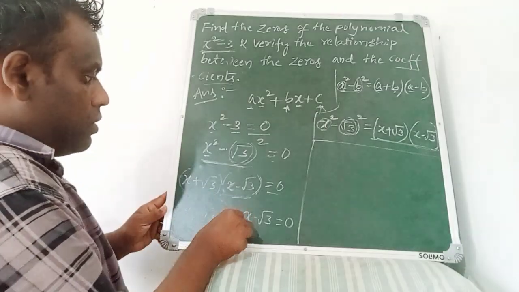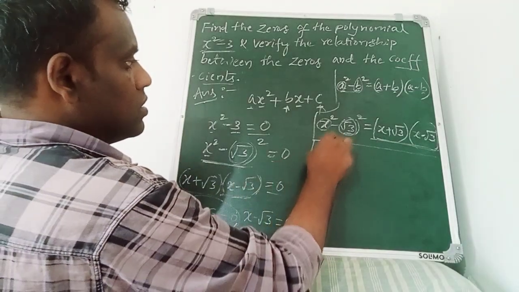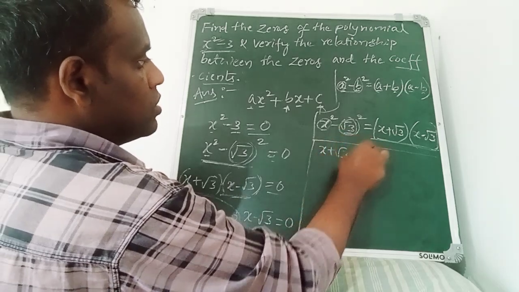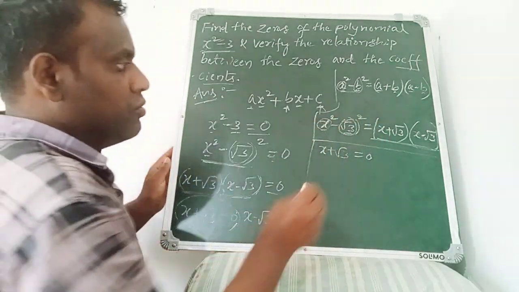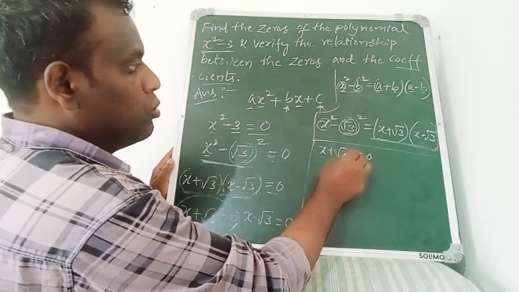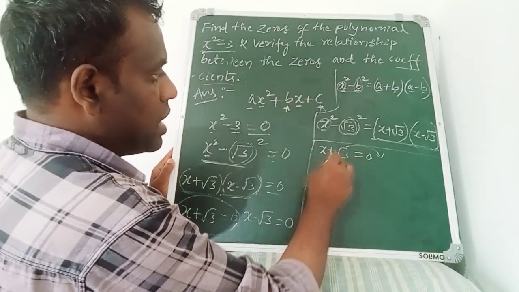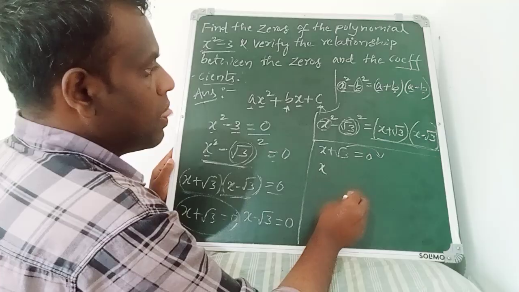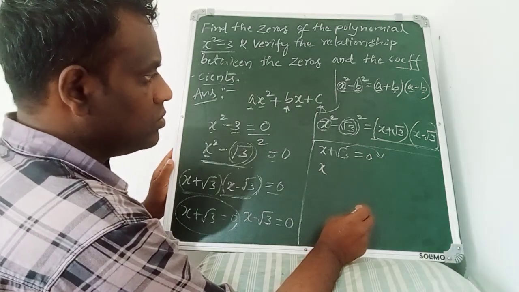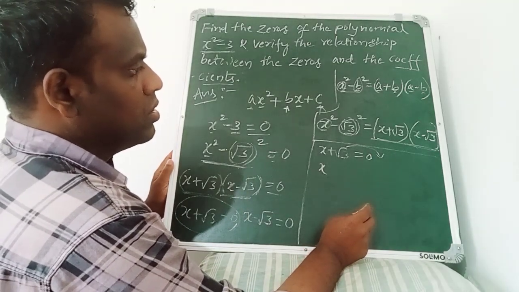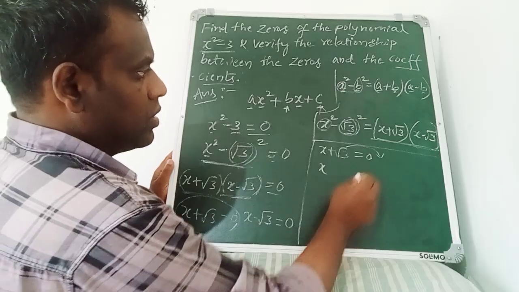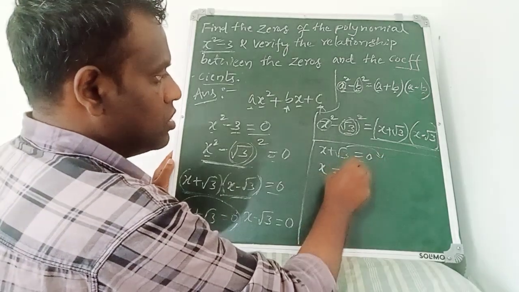Now I will consider this x plus root 3 is equal to 0. We want x. I will move this to this side. So before that I will write x as it is in the next step. And this is equal to 0, I will write as it is.